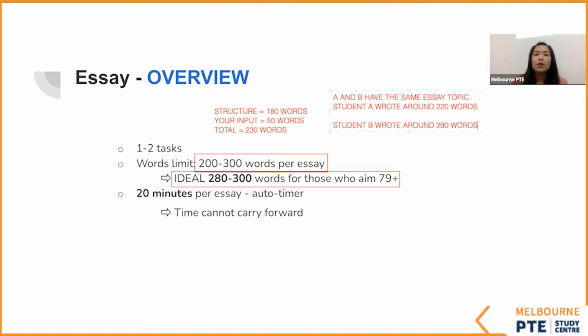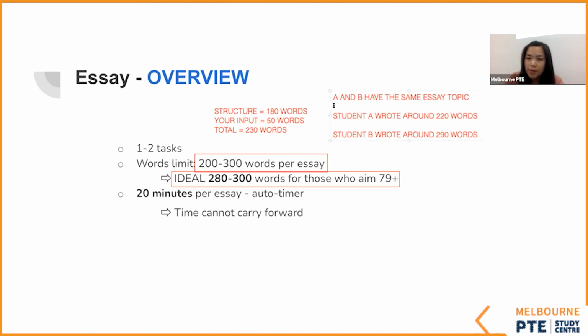So, when the computer marks, how does it mark your essay based on the word limit? You have the same essay topic. Why did A write around 220 and B write around 290? So what's the difference? B wrote an extra 70 words, right? Extra 70 words. So the computer understands it this way.